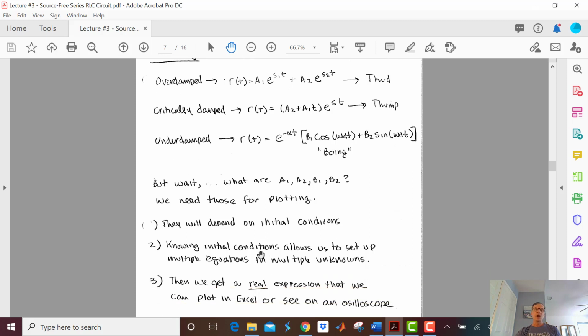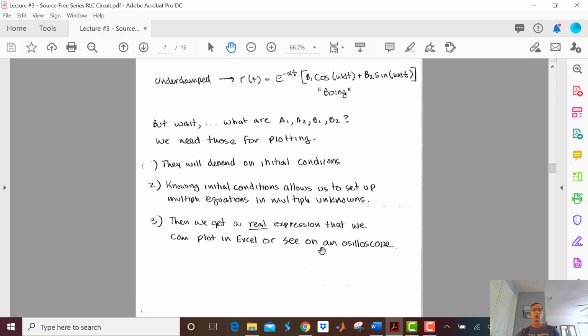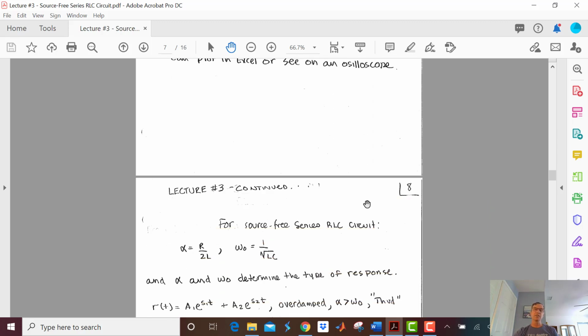Knowing those initial conditions is going to allow us to set up multiple equations in multiple unknowns, and we're going to end up with all the values in the real expressions that we can plot in Excel or see on an oscilloscope.